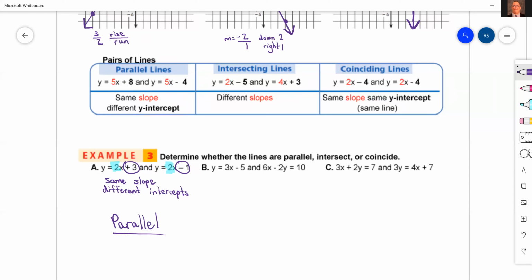On to the next one. So this first equation is done for us. We don't have to do anything. The second one, though, requires a little bit of work. We need to get y all alone. So let's subtract 6x from both sides.